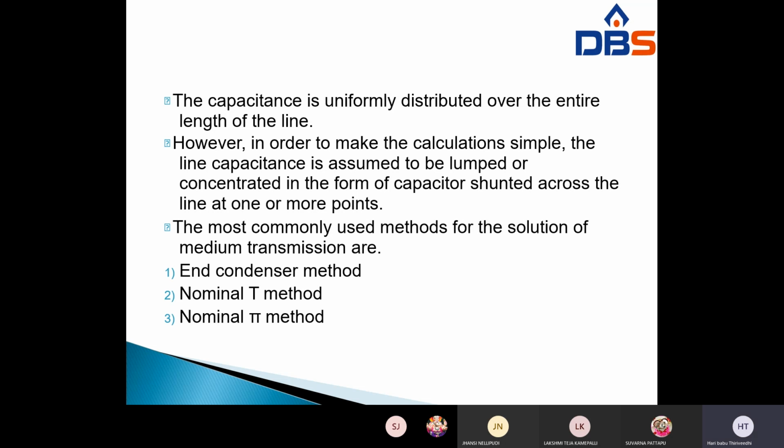There are methods to calculate the transmission line: end condenser method, nominal T method, nominal pi method.